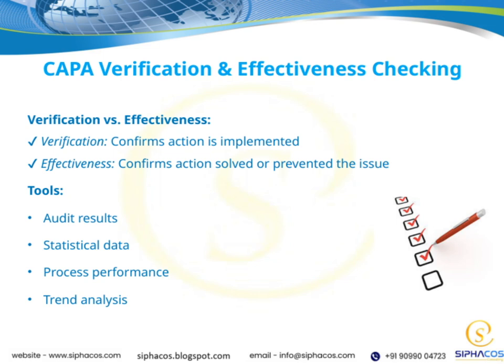And trend analysis helps us identify any recurring issues or improvements over a period. Connecting this to our overall quality management approach, verification ensures compliance, while effectiveness ensures continuous improvement. Both are essential for closing the loop in our CAPA process and maintaining high standards.